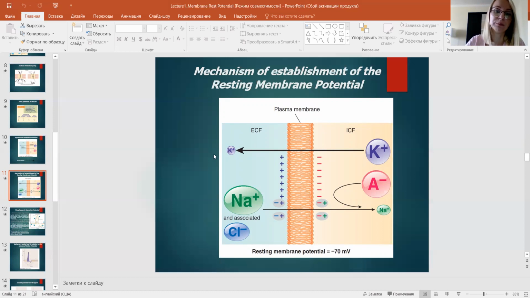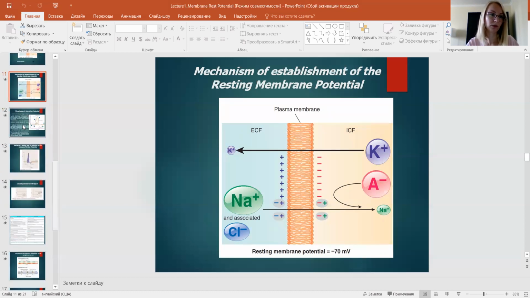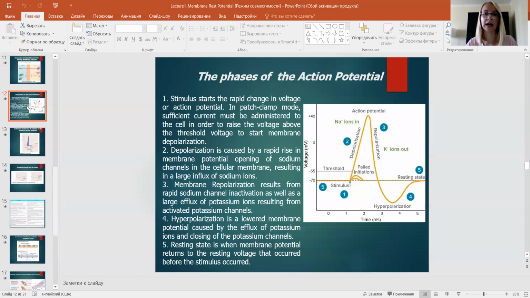So this is how resting membrane potential is established: by the help of ion channels, movement of different ions across the membrane, and the help of the sodium-potassium pump, which requires ATP energy. Now let's move to the next item of today's topic, which is action potential.